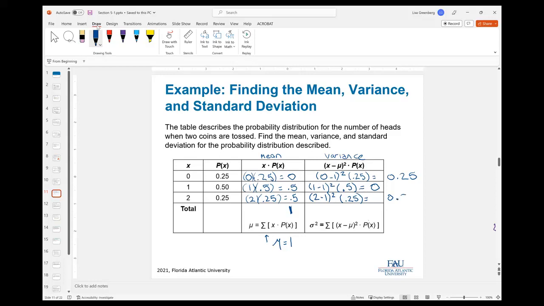And again, I would get 0.25. The variance is the sum of all these numbers. So if I add these up, I get 0.50. That's my variance. So that's sigma squared.